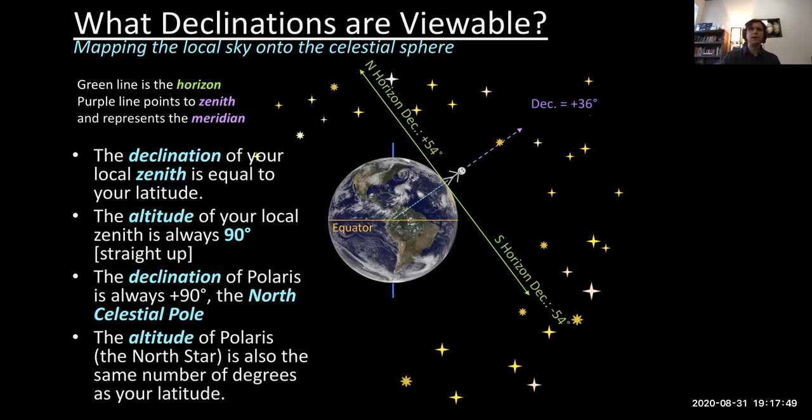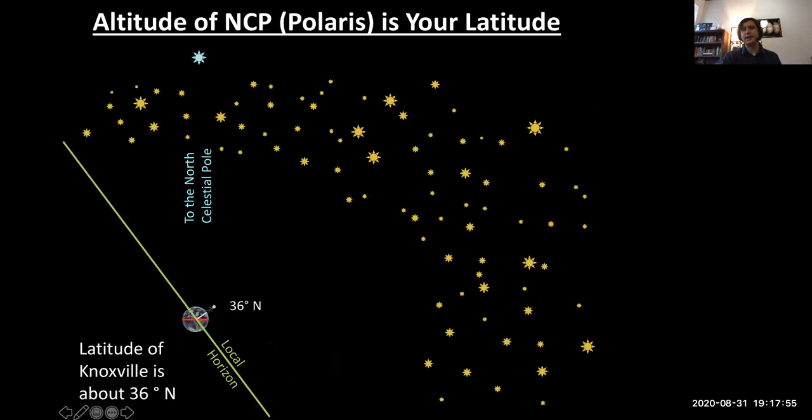Okay. Now, this last one: the altitude of Polaris, the North Star, is the same number of degrees as your latitude, and now the promised geometry. So now I've tried to shrink things down. Just as I was saying whenever I started this video, my local horizon is going straight through the Earth. I'm putting this person at 36 degrees north, so they are in Knoxville. And here's all my stars out here.